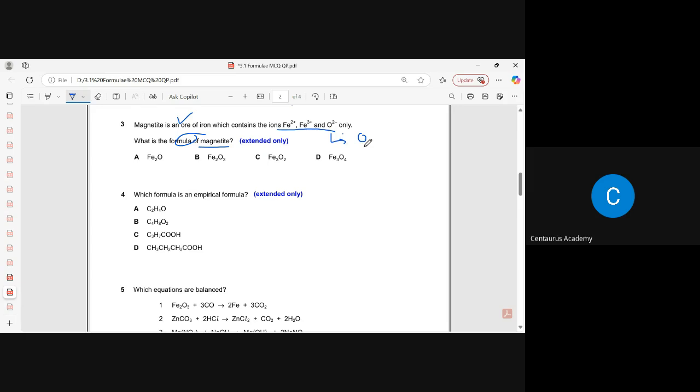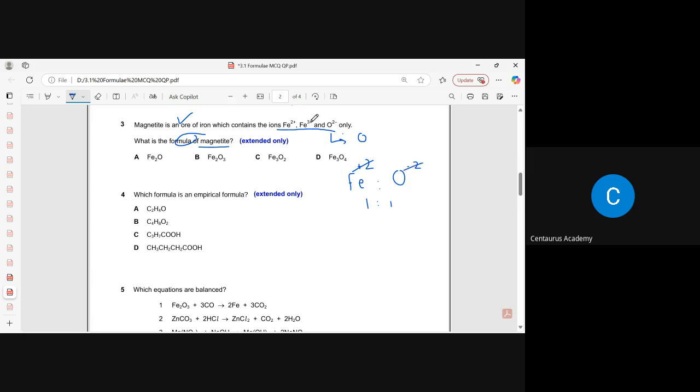Since the compound is completely neutral, you should have an equal number of positive charges and negative charges. All right. Let's look into this. For instance, if you take iron as +2 and oxygen as -2, their ratio is 1:1, because one iron completely balances out one oxide ion.